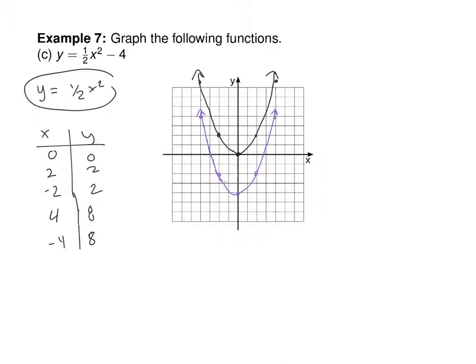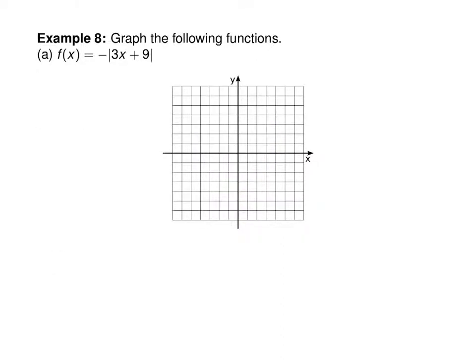Okay. So a couple of those things just in combination with shifts both left, right, and up, down. So this guy, I've got absolute value, and I have a 3 inside. Here's a great trick. You can factor out that 3, and then absolute value it. So you can take this and make it into -3x plus 3.